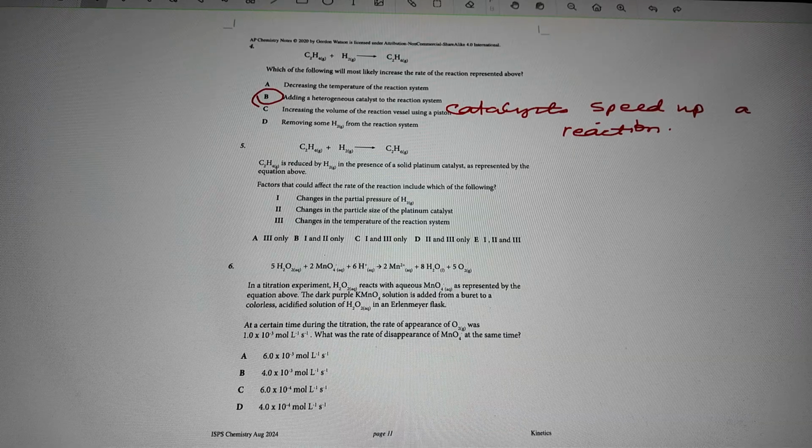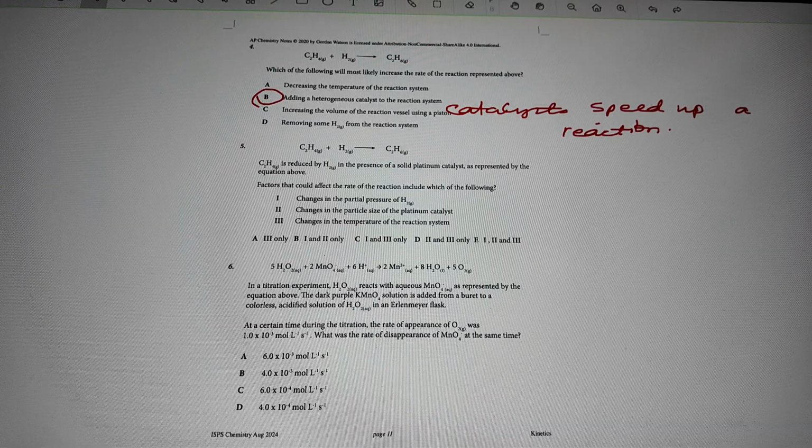So changes in the partial pressure of H2, changes in the particle size of the catalyst, and changes in the temperature for sure would change the rate of reaction, and pressure should too.